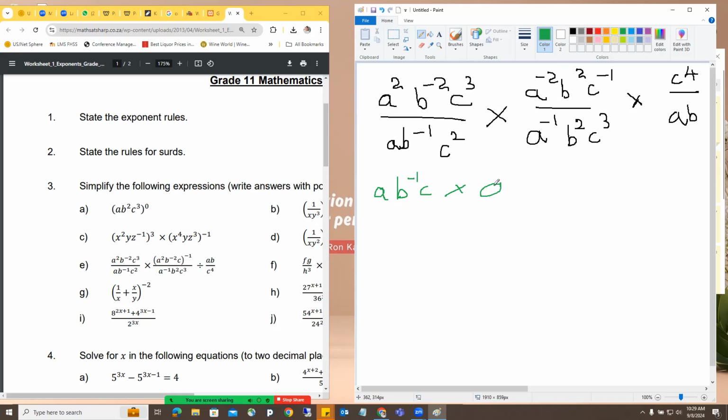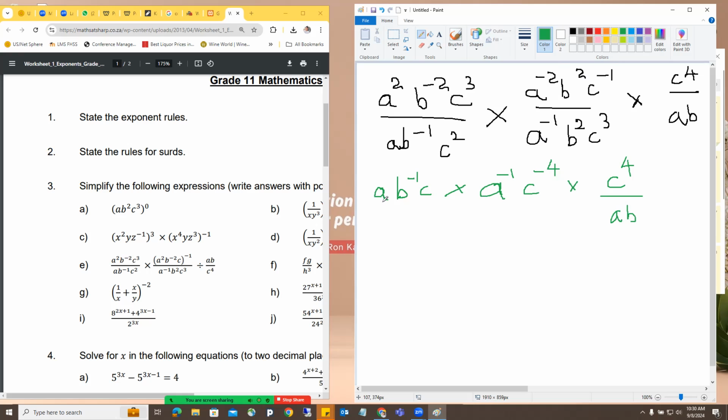If you simplified this one, there we have received A minus 1, okay, A minus 1. We will cut off and C minus 4 into, again you have here C to the power of 4 over AB.